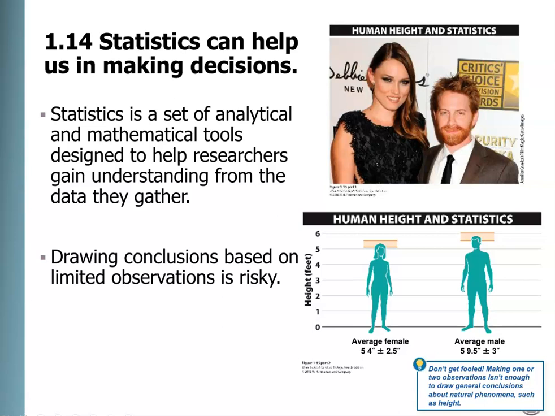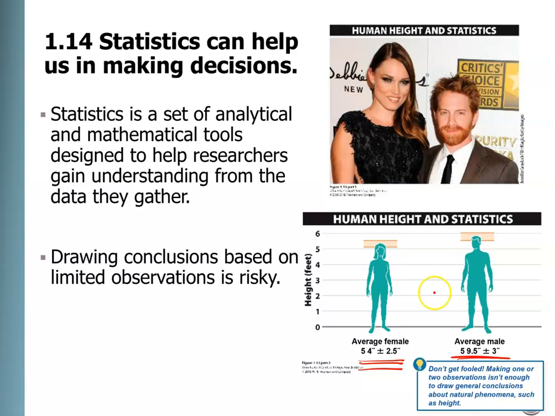So statistics can give you a range of values. Say, most people fall within this range. It can give you a distinction between when two things are different. So over here on the right, we have human height in statistics. So this is telling you the average height of a female. It's telling you that there is a range for the average height. Over here, we've got males and the average height of males.